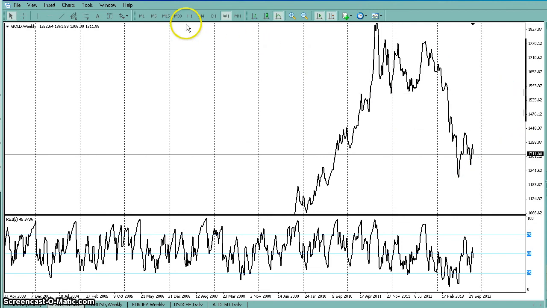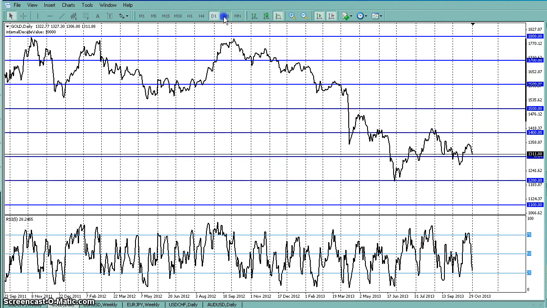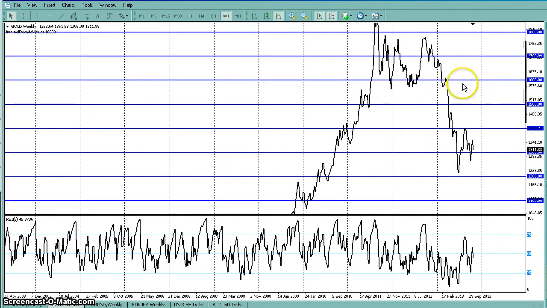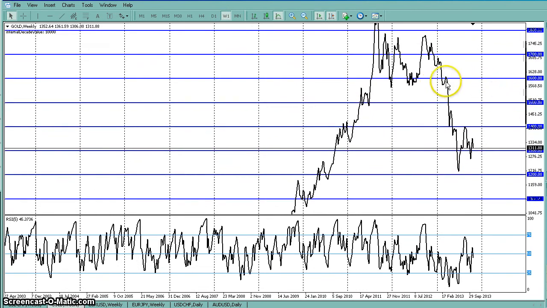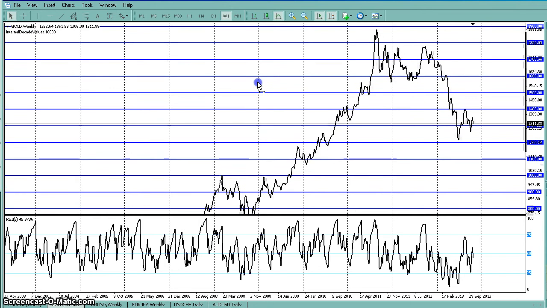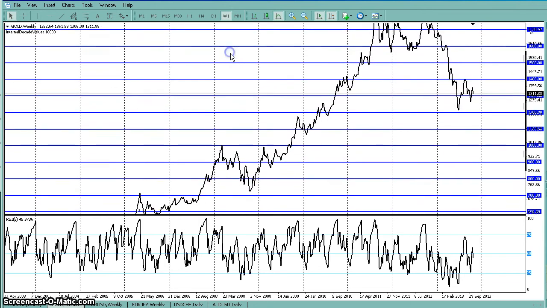Because I'm going to strip this out and just put the good old handles up there. 1500. So there you go. 1500, 1600. Big fall apart there. But gold's a fascinating situation. I mean, that's a tremendous move.